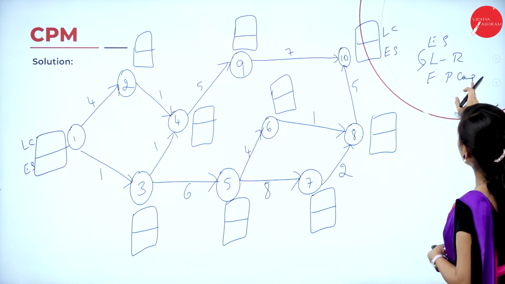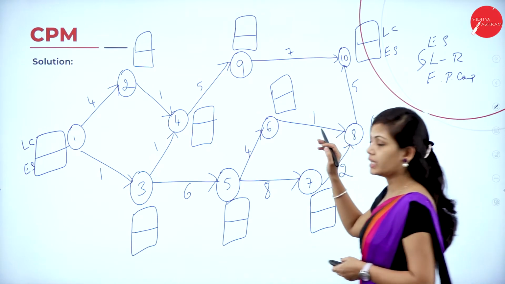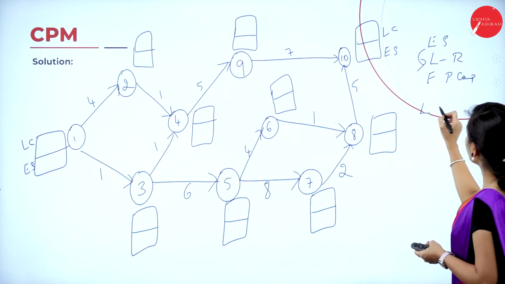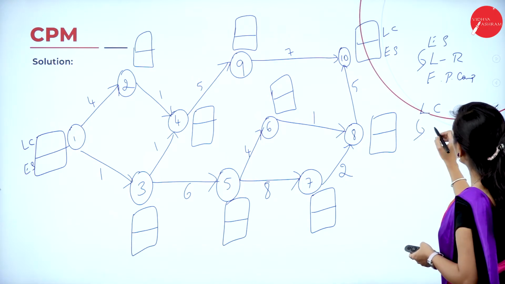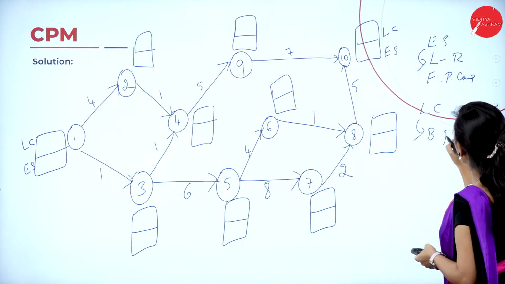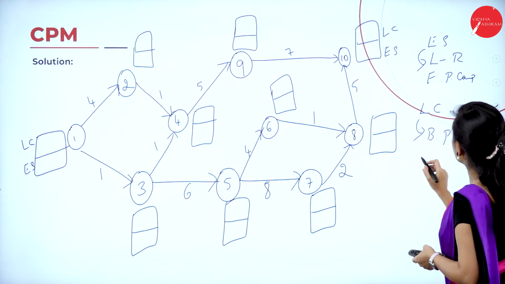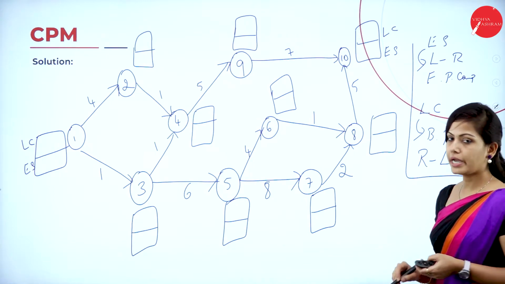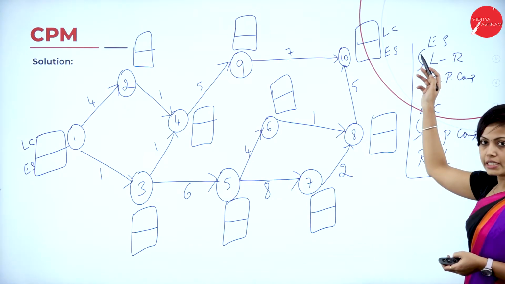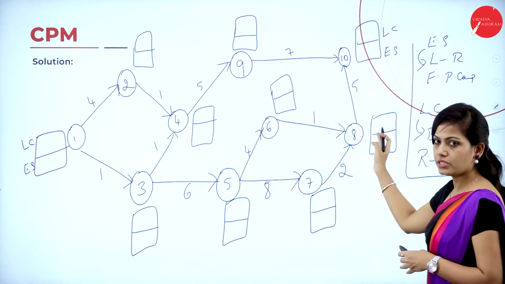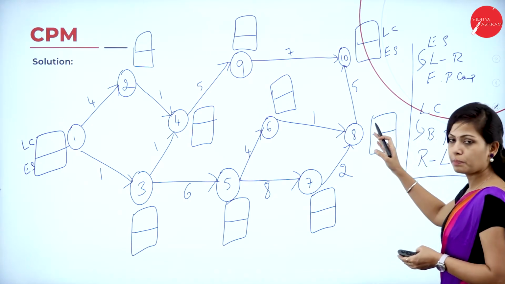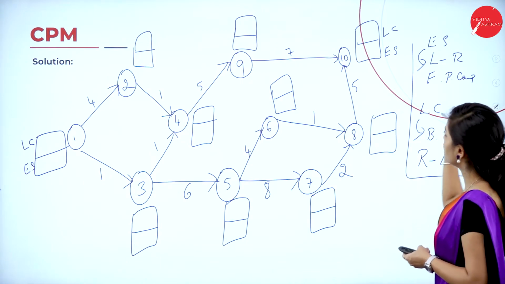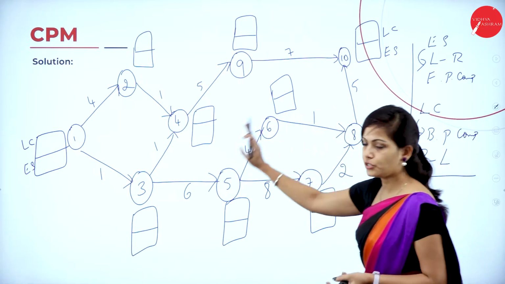For the latest completion time you have to use the backward pass computation, that is from right to left. Keep in mind, earliest starting time is left to right, forward pass, and for finding the latest completion time, you use backward pass computation from right to left.